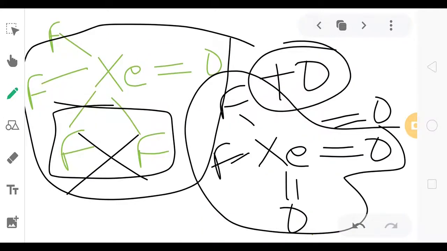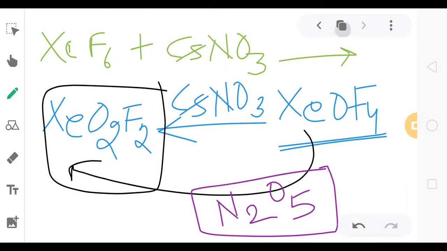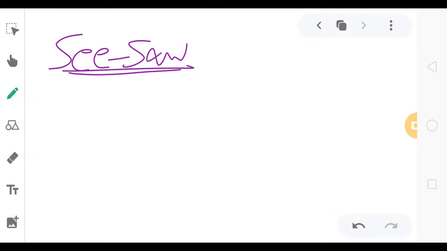And what would be the structure? The structure would be the seesaw structure. How do you get this seesaw structure? Let me tell you. You know what a seesaw is?